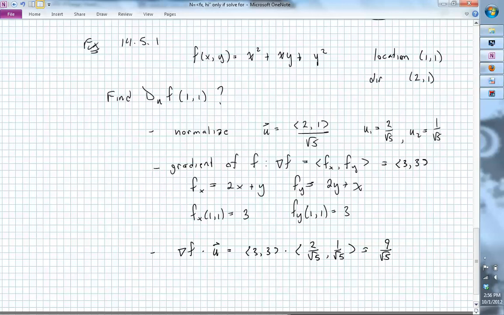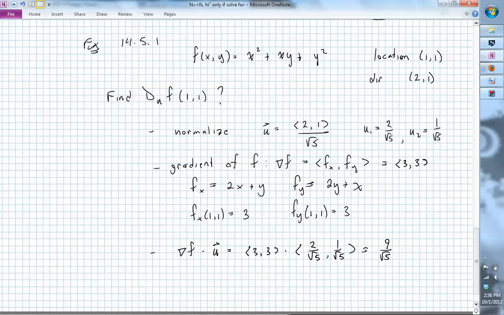But 9 over root 5, yeah, it's certainly more than 1. It's rising faster than, say, the line y equals x. Okay? So you get an idea of what it's doing as I look in this direction. What happens if I turn around 180 degrees and look in that direction? What do you think's happening? It's going down, right? What would the u be in that situation?